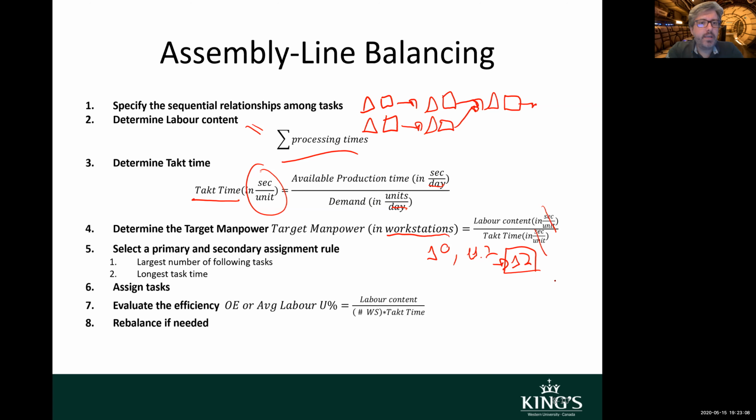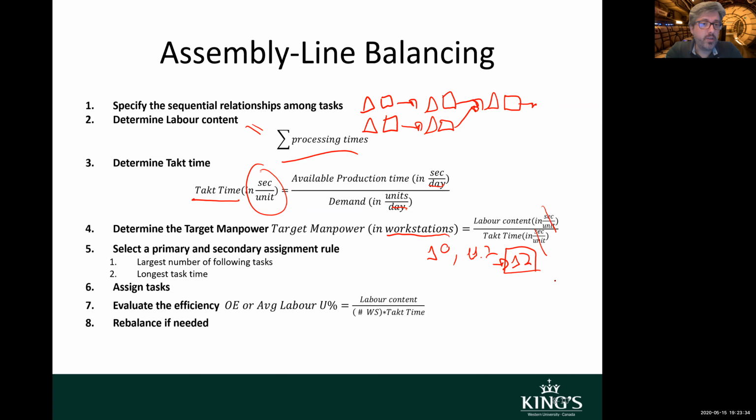Then you need to select a primary and a secondary assignment rule. So basically, how is it that you place and you design those tasks into each one of the workstations? So usually what we do is the largest number of following tasks. That's the one task that you pick first to place in a workstation.